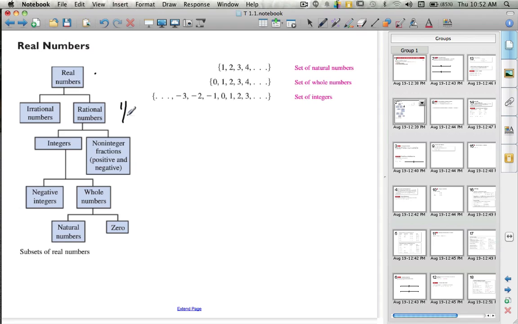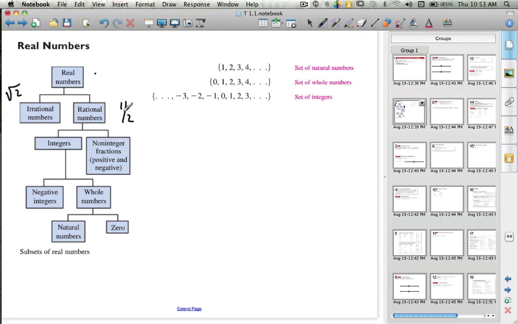For instance, 1/2 is a rational number. An irrational number would be something like the square root of 2. I can't express this accurately as a fraction. Irrational numbers tend to be square roots of prime numbers, or numbers like pi or Euler's number.